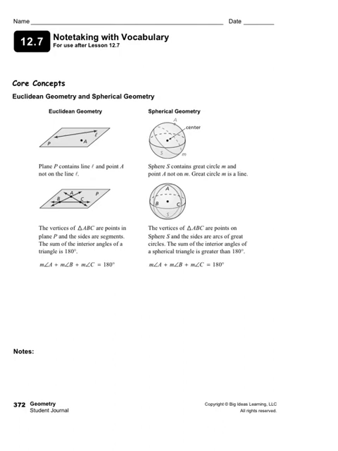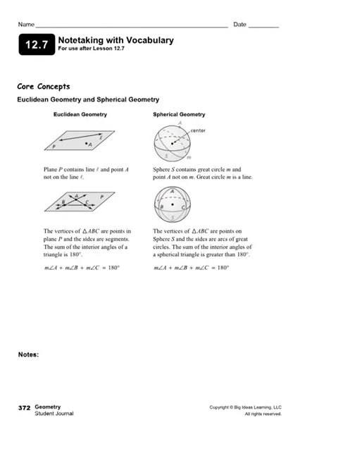Hey guys, so today we're going to talk about the difference between Euclidean geometry and spherical geometry. First of all, let's talk about geometry in general. Geometry is formed by two words: geo and metry.